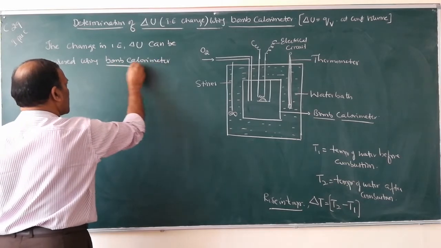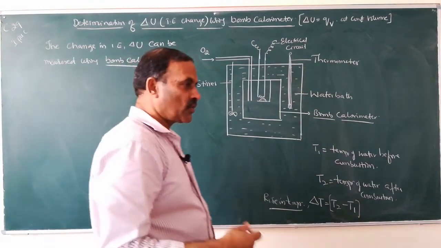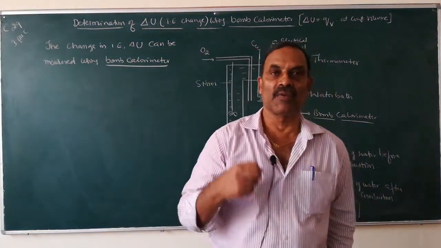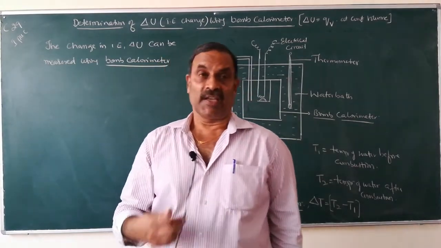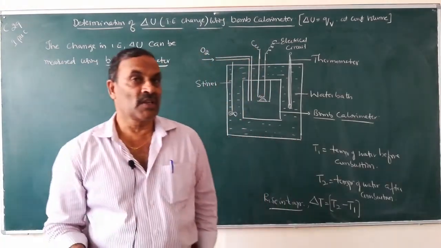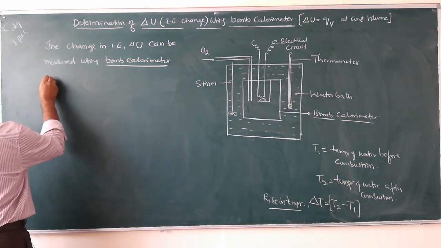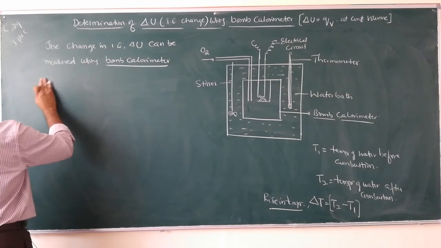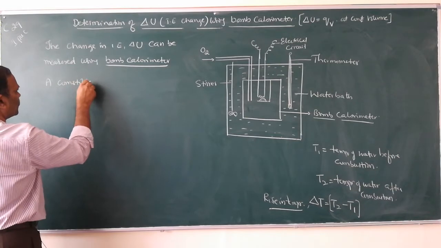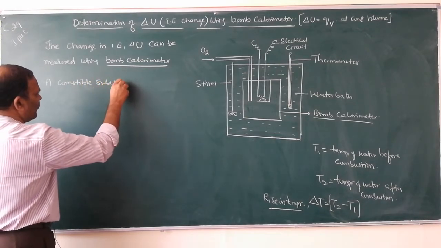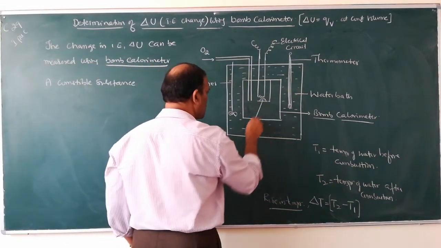So this point is very important. Delta U can be measured using which instrument? We can determine or measure the internal energy change using bomb calorimeter. First point. Next point. A combustible substance. So this is the combustible substance.